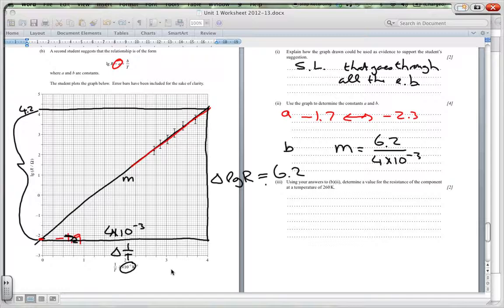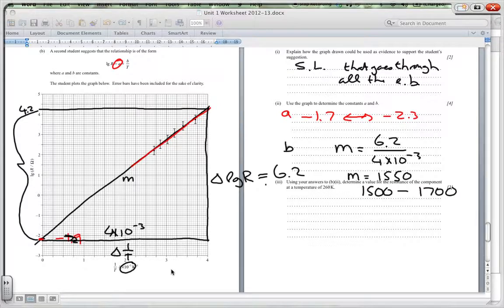So I'm going to calculate that. 6.2 divided by 4 times 10 to the minus 3, and I get my slope is equal to about 1550. Now the range that you could have got for this was from about 1500 to 1700, so as long as you get within that range.